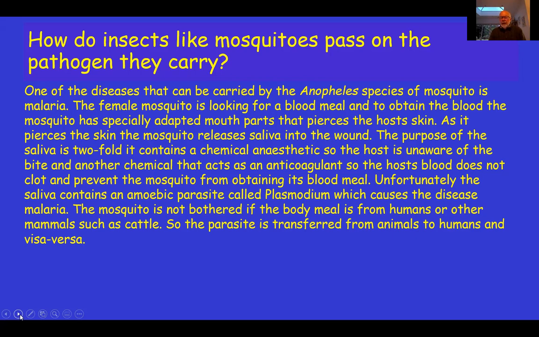Interestingly, if you go on holiday, quite a few of you will notice that if you are female you tend to get bitten first compared to your partner. Not always the case, but generally speaking, it happens.